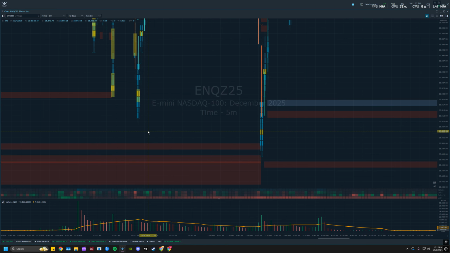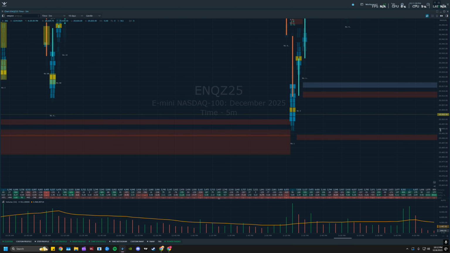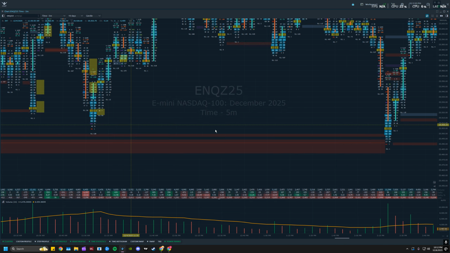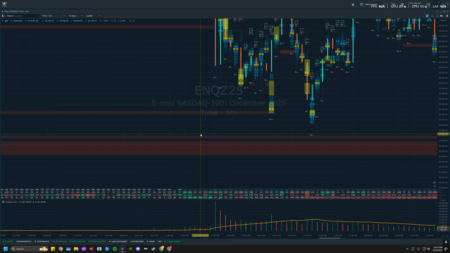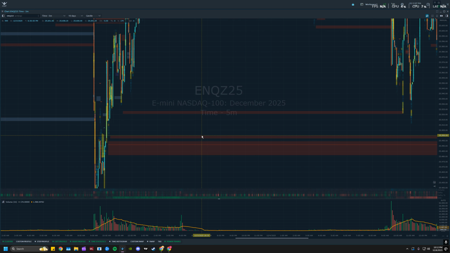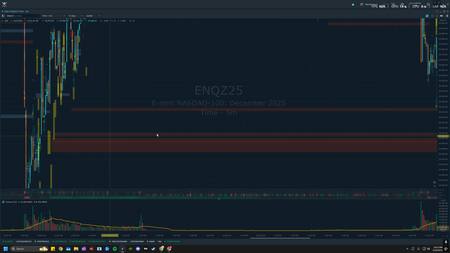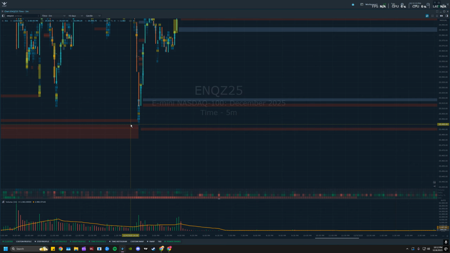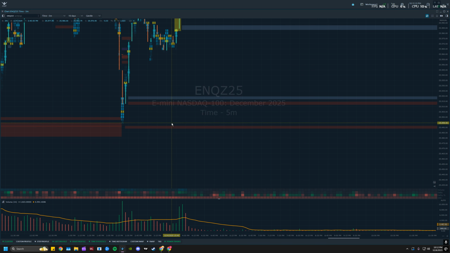So we had a ton of imbalances down here, right? That price came close to, we didn't fill it or tap into it, but we had this huge imbalance that we left from the third, and it just lined up with everything that I wanted to see. This is the low volume node.